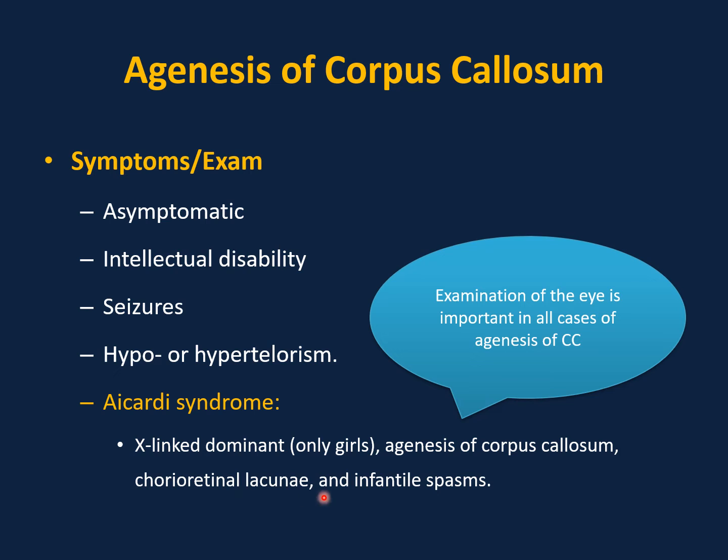Chorioretinal lacunae and infantile spasm. So again, Aicardi syndrome is X-linked dominant, agenesis of corpus callosum, chorioretinal lacunae or retinal defect, and infantile spasm.